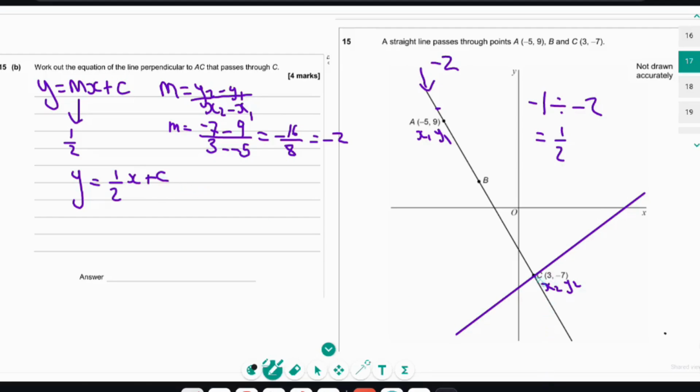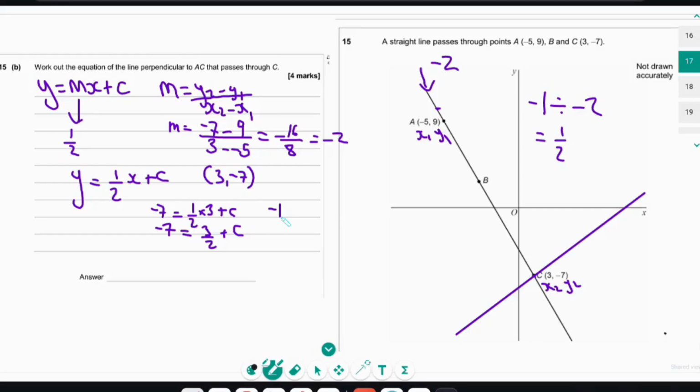We know it goes through the point (3, -7), so we can sub in those values. -7 is your y, so we've got half times 3 plus c. So -7 equals 3 over 2 plus c. I want to solve this equation to find c, so I'm going to minus 3 over 2 from both sides.